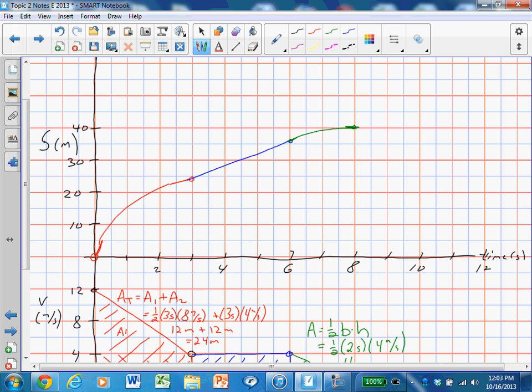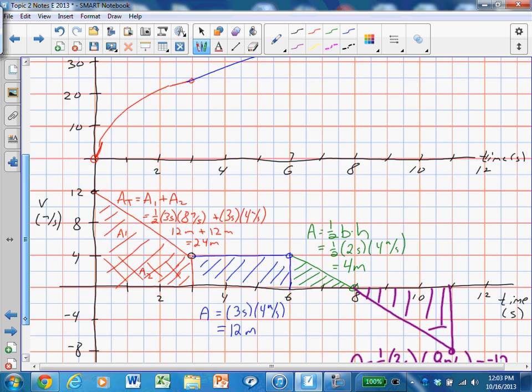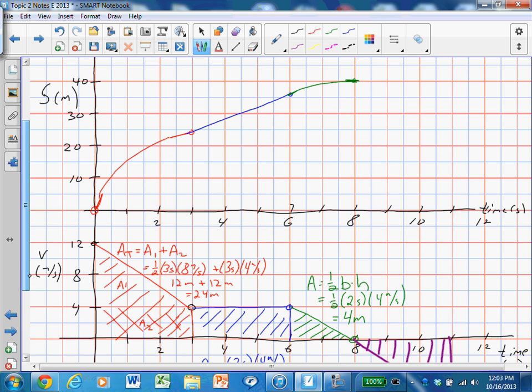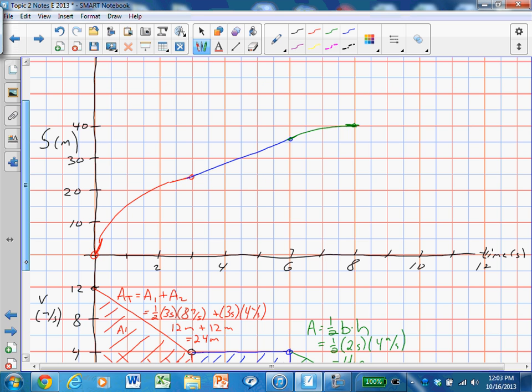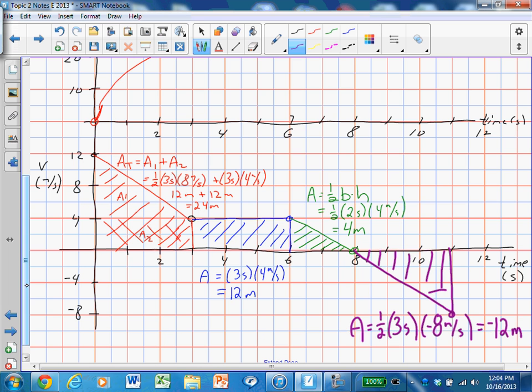Then we drop 12 meters, so we go from 40 back down to 28 in the purple zone by 11 seconds. But we start at 0, and we go to a -8. So we have to be like this, -8 by then.